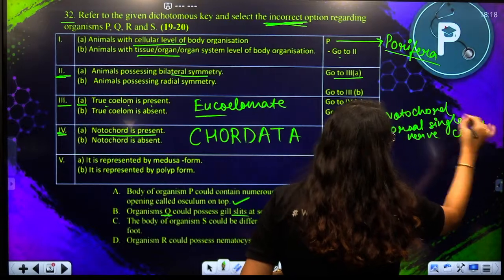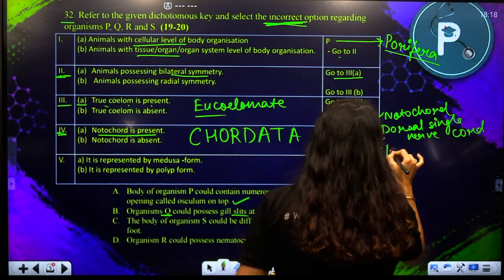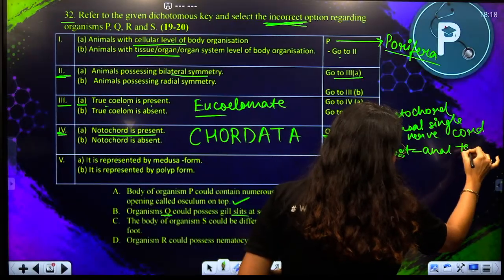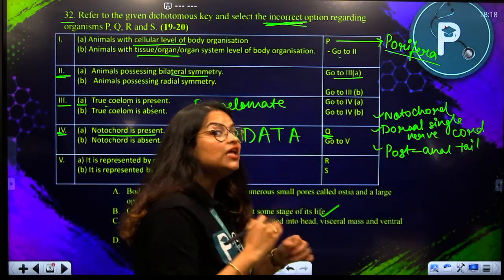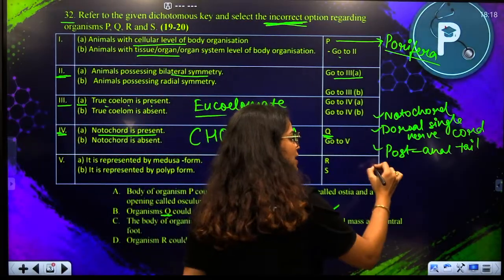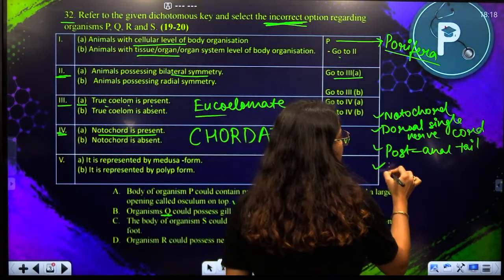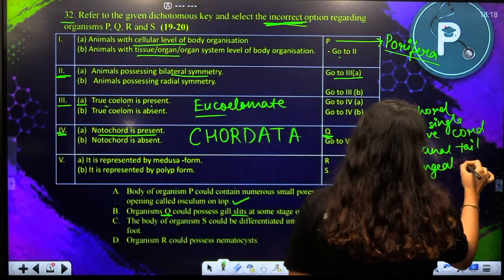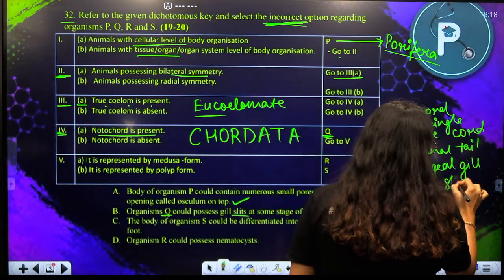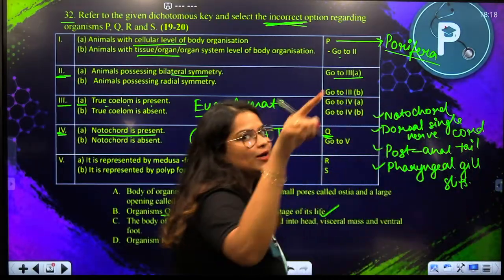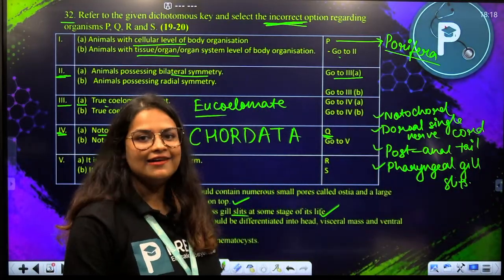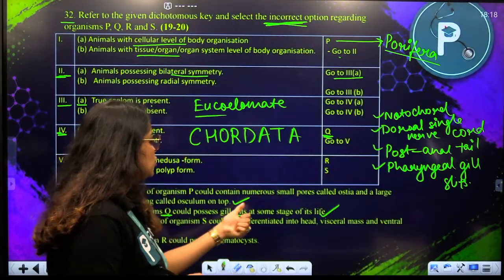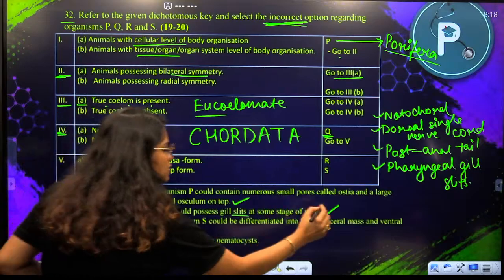The third feature is the presence of a post-anal tail at some stage of life. That means during embryonic development. And the last is presence of pharyngeal gill slits, and that too at certain stage of life. At what stage of life? The embryonic life. You won't see it in an adult. Only in embryonic lifetime you would see that. So of course Q is a chordata. So this is also correct.